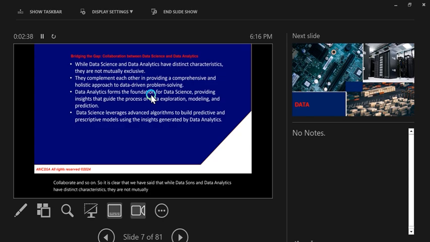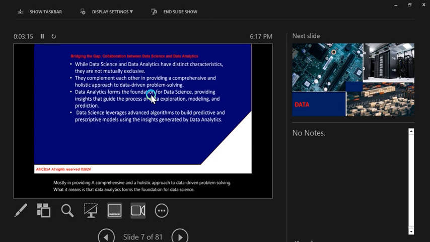There's some kind of dependence; they complement each other, mostly in providing a comprehensive and holistic approach to data-driven problem solving. Data analytics forms the foundation for data science.